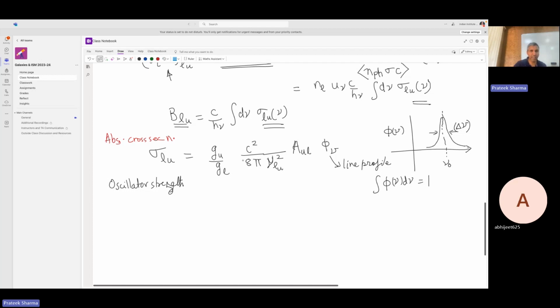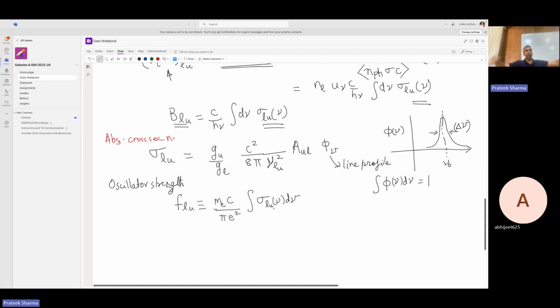So this is the definition of oscillator strength. f_LU, the oscillator strength of the transition from L to U, is defined like this: equal to m_e c by pi e squared, times the integral of sigma_LU nu d nu.